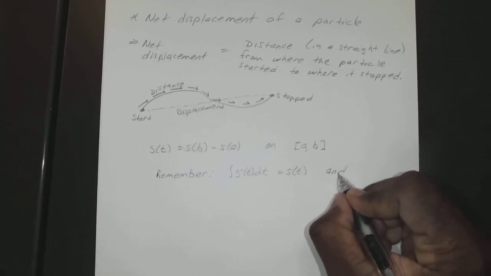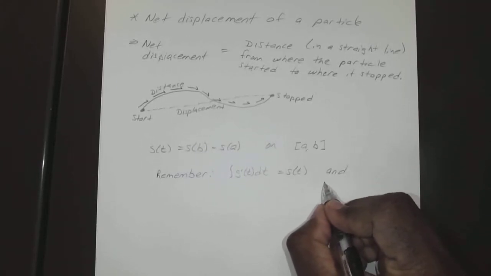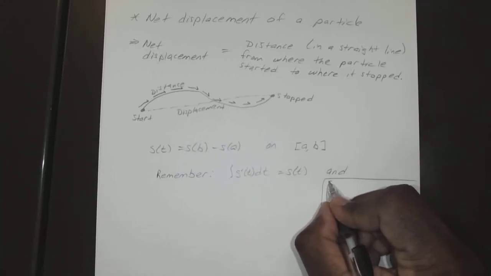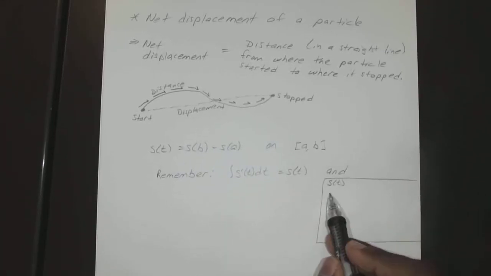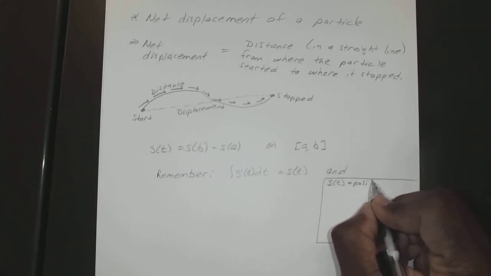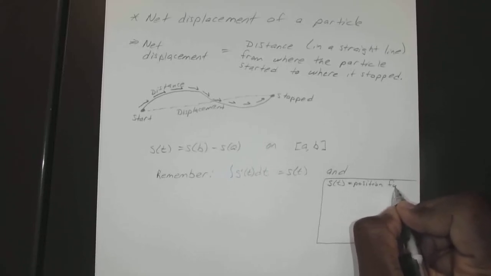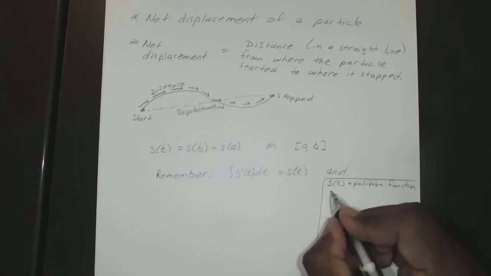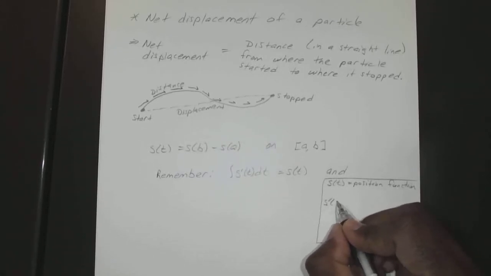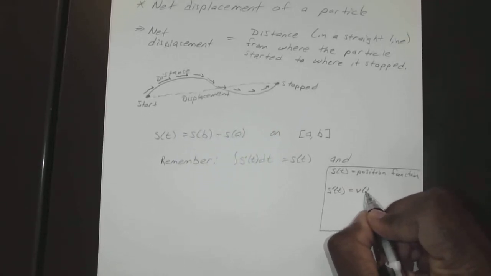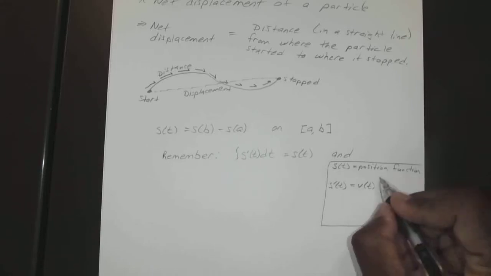Okay, and if you remember, I'll draw a little box here. S of t, just your first function, no derivatives, that's your position function. Your first derivative, S prime of t, remember, that's your velocity function.